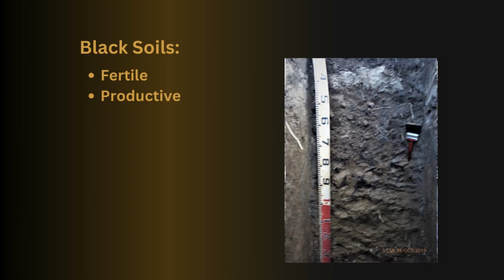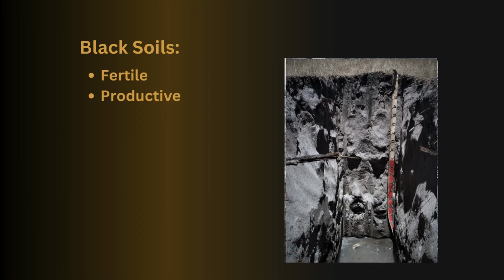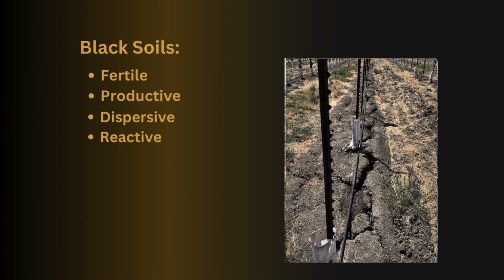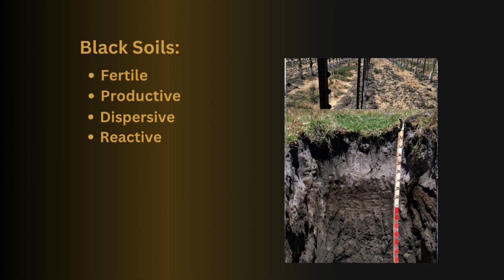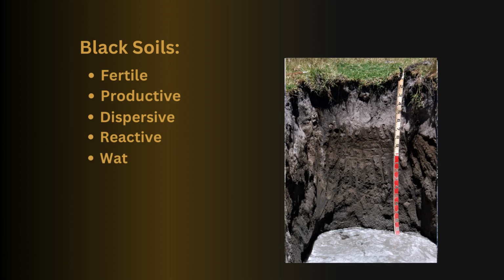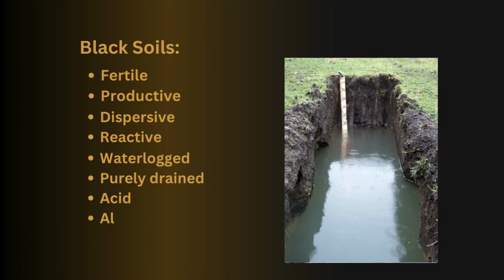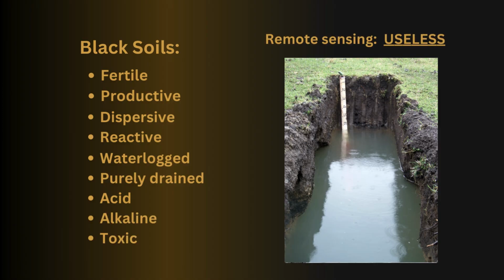But this is not always the case because black colors can be related to dispersive and self-mixing clays that are low in organic matter. Black colored soils can be waterlogged, poorly drained, acid, alkaline, saline, and even toxic soils.